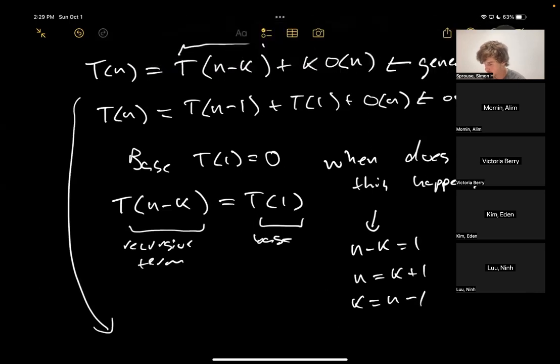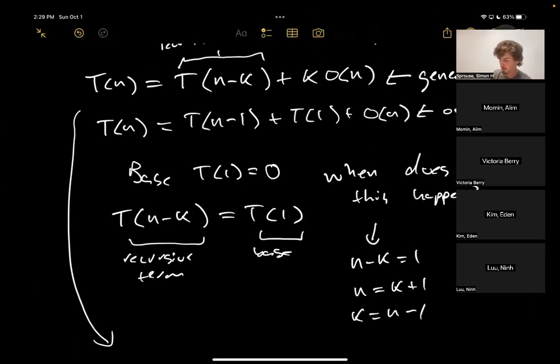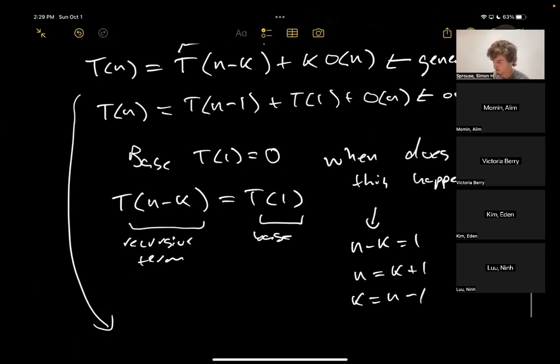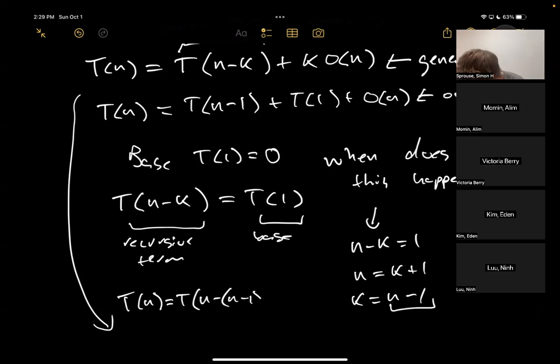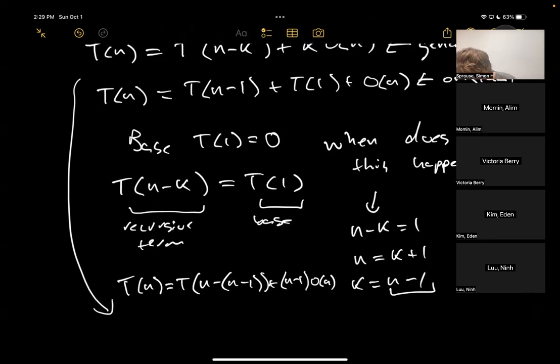So remember, our general formula was T of n is equal to T of n minus k plus k times O of n. Let's rewrite that as T of n equal to T of n minus, and k is n minus 1, remember, n minus 1, plus n minus 1 times O of n. Okay, so let's see.